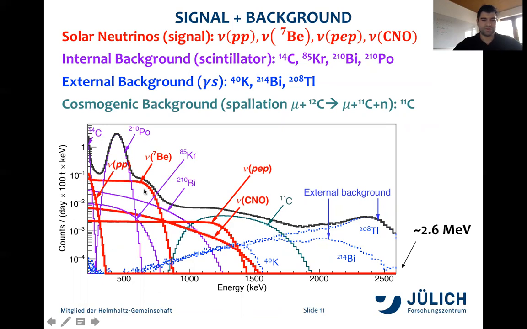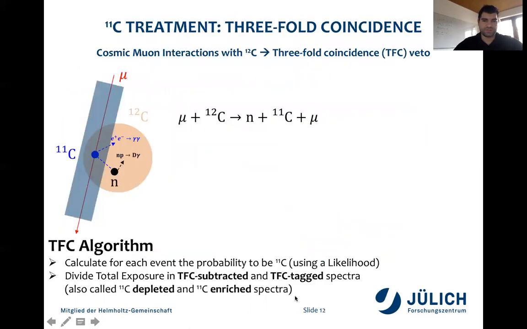In violet, we have the internal background distribution: carbon-14, polonium-210, krypton-85, bismuth-210. Then we have in blue the external backgrounds. These are contaminations coming from outside the scintillator, for example from the contamination of the PMTs: potassium-40, bismuth-214, thallium-208. And then we have also cosmogenic backgrounds. These are due to muon spallation on carbon-12.